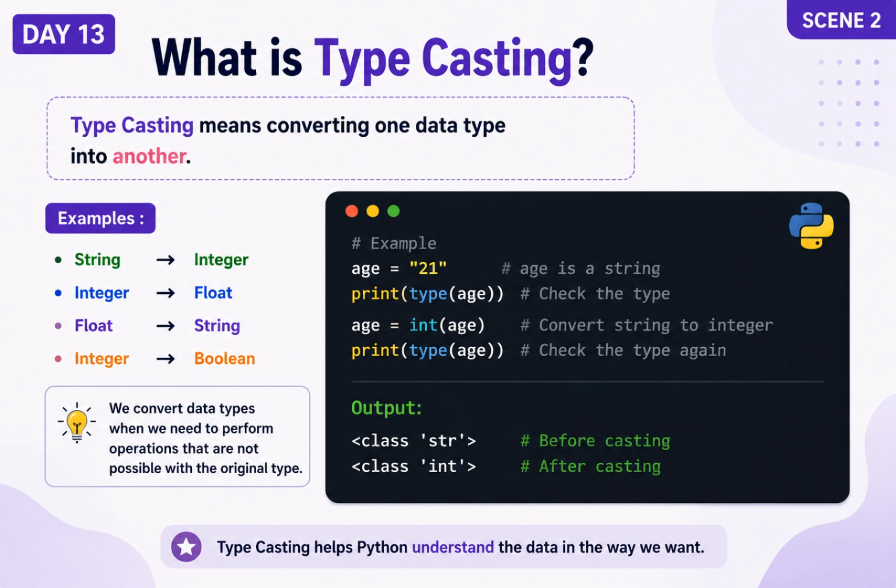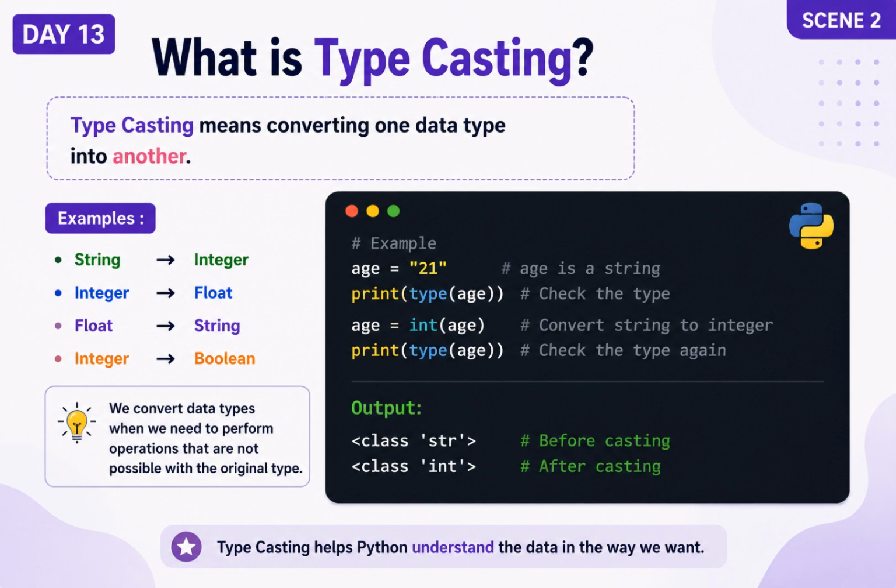Here, the variable age stores the value 21 inside the quotation marks. So, Python treats it as a string. So, when we use int of age, Python converts that string into an integer. Now, if we check the data type again using type, it changes from string to integer. So, this process is called typecasting.